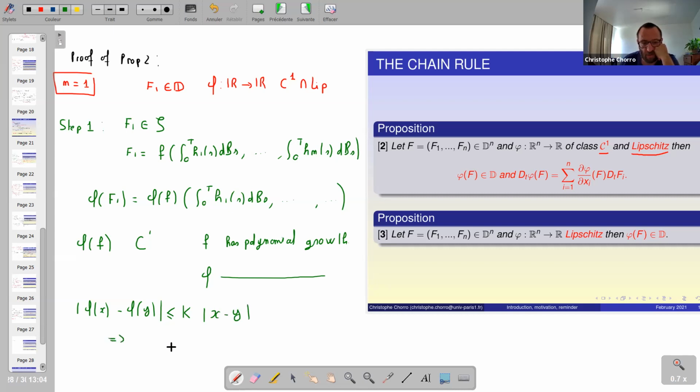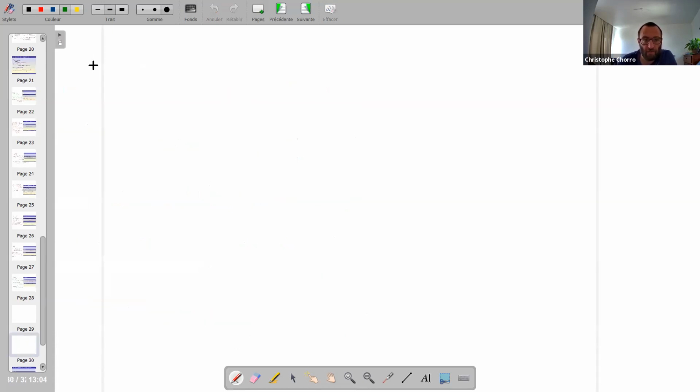So in particular, I can say that the absolute value of phi of x is less than k times the absolute value of x plus, let's say, phi of 0, for example. So when a mapping is Lipschitz, it is sublinear. So I have here something that is regular and that has polynomial growth because f has, and phi also by its Lipschitz property. And so I can apply here the definition 2.